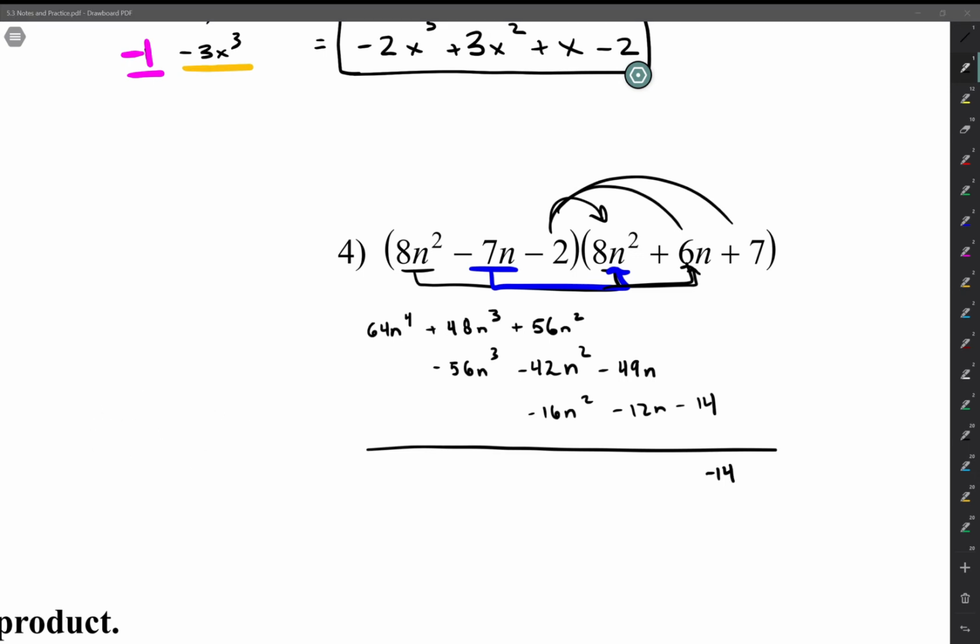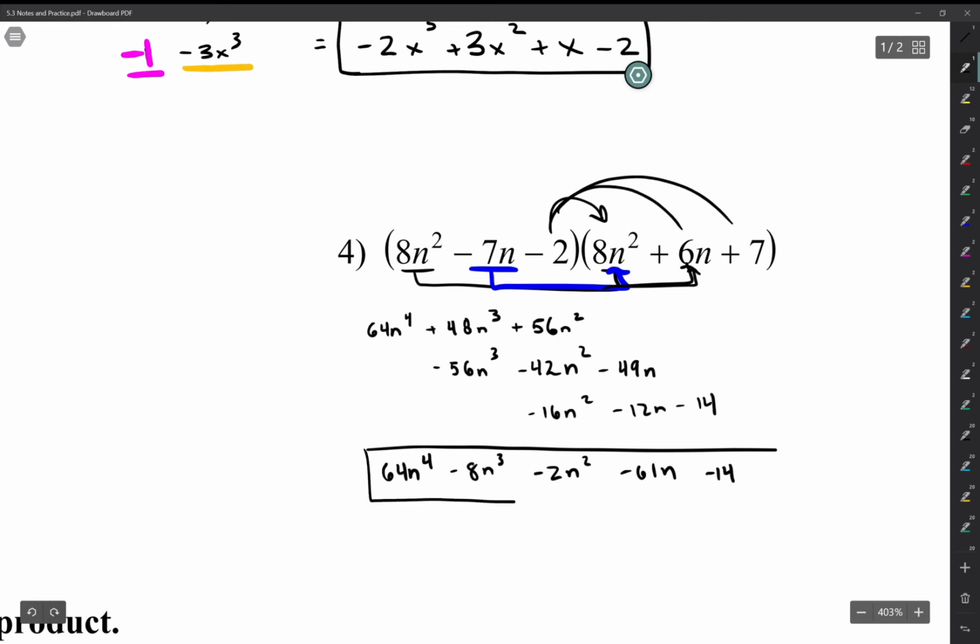I know you're like, wow, he's really doing all this in his calculator. Okay, yes, sometimes you need that extra comfort. But if you are comfortable without, you don't need to worry about it. Negative 2n squared, 48 minus 56, negative 8n to the third, and then 64n to the fourth.